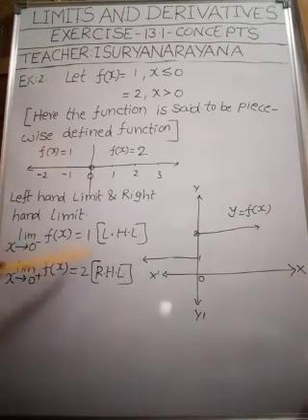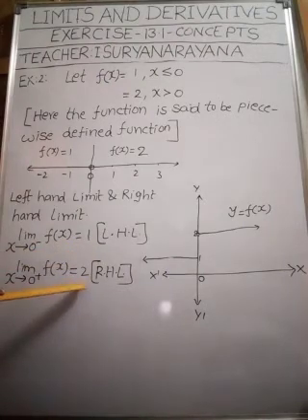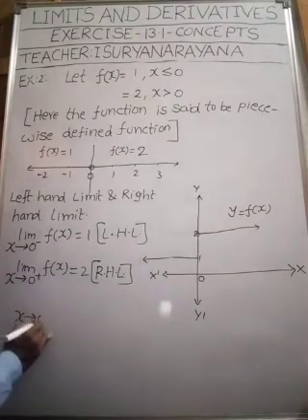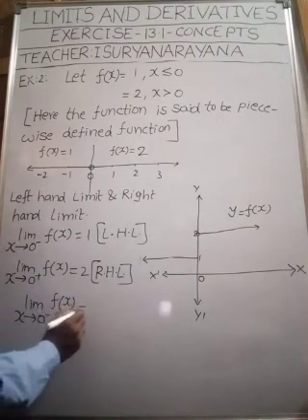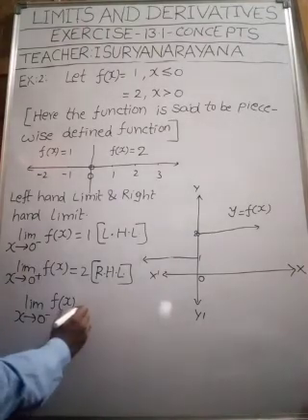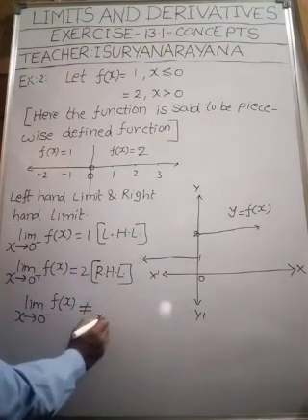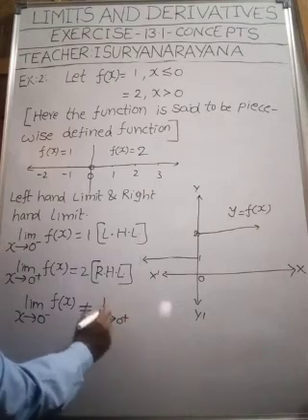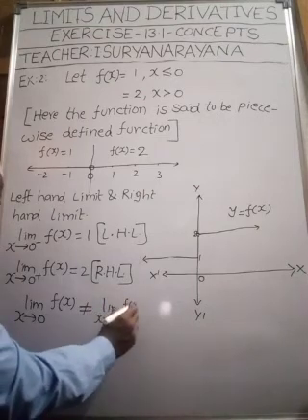So if you observe, are these two limits equal? Here it is 1, here it is 2. Both are not equal. So we say that the limit as x tends to 0 minus of f of x is not equal to the limit as x tends to 0 plus of f of x.